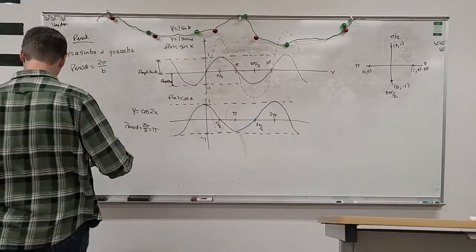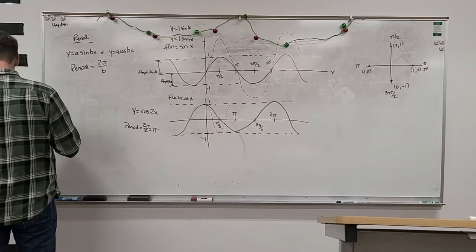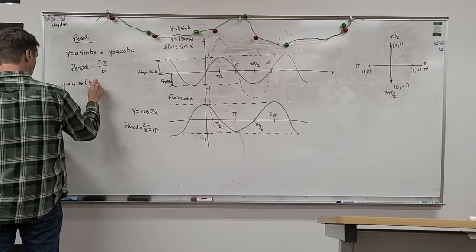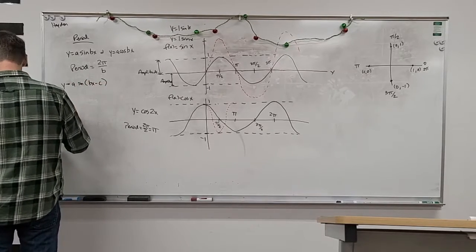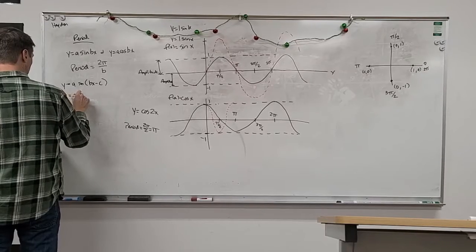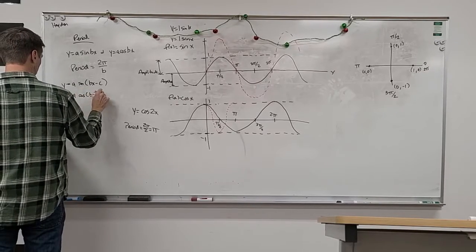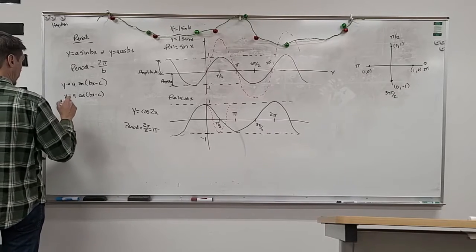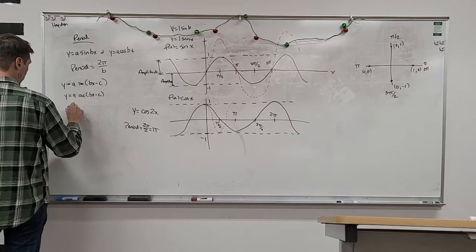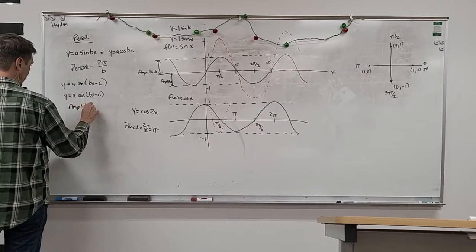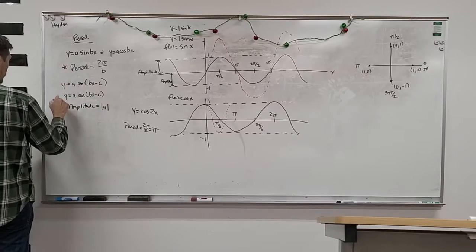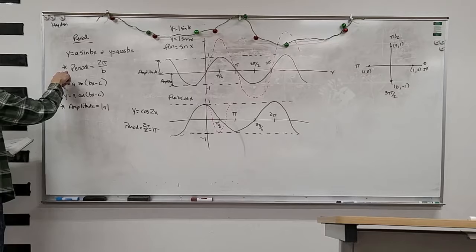For sine and cosine, if I write it as y equals a sine of bx minus c, or y equals a cosine of bx minus c, we've already noted that the amplitude is, I'll write that down again because I erased it, amplitude equals the absolute value of a. That's amplitude. This is the period, 2 pi over b.